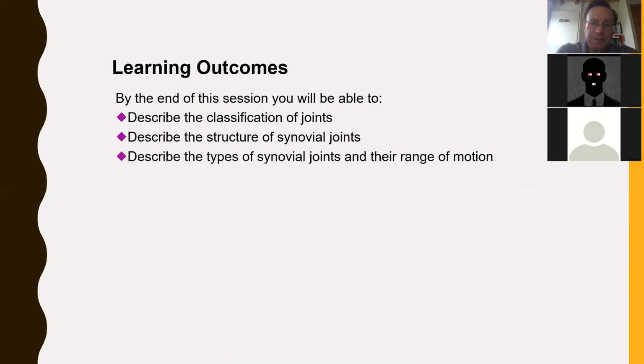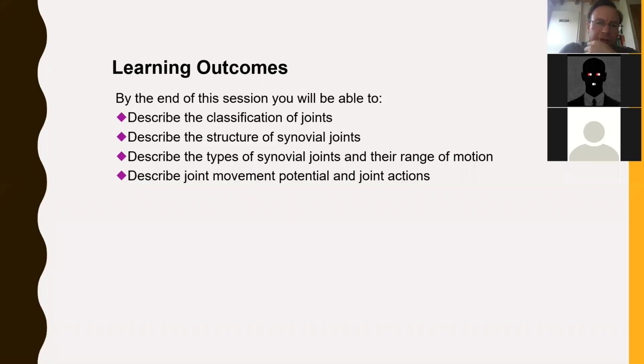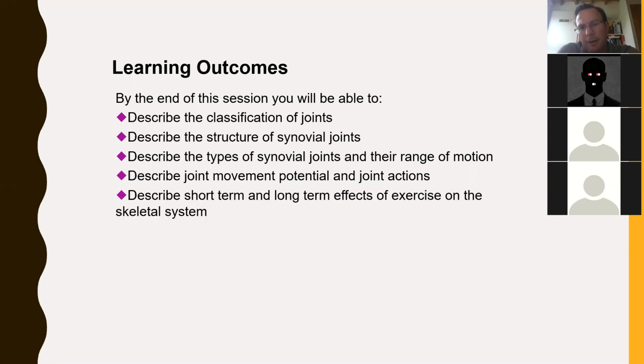We'll describe the types of synovial joint and their range of motion, so I may give you a little time to draw the outline of that in your workbooks. Then you'll describe joint movement potential and joint actions, which will go through into another session. We'll also briefly consider the short and long-term effects of exercise on the skeletal system.